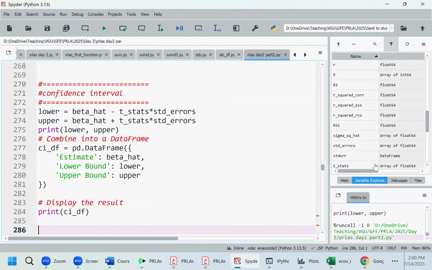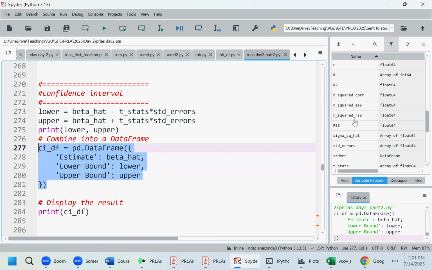We have the lower bound, so these text will be printed, and upper bound. So in this way, in the data set, this one will be the head, this one will be the head, and this one will be the head. If we run that one, we will have a new data frame, right? So let's say CIDF.